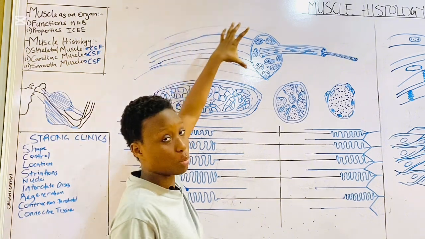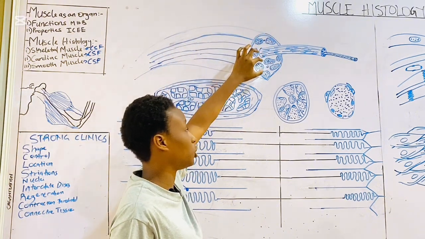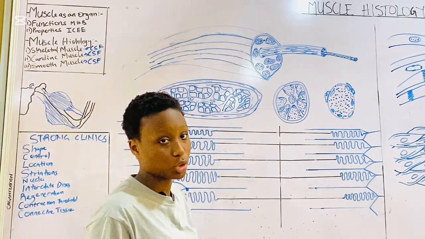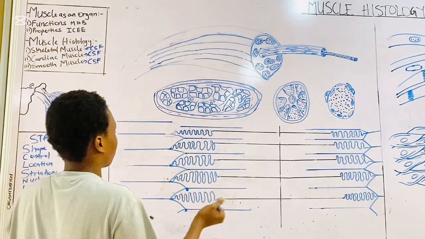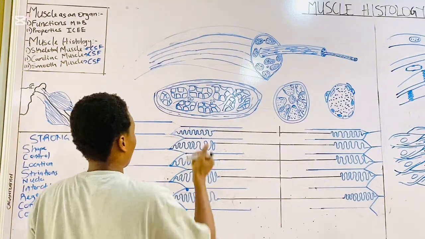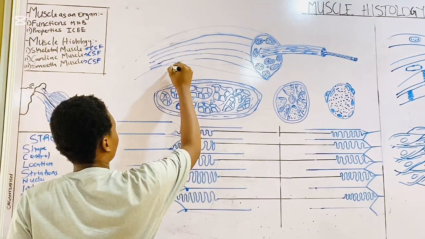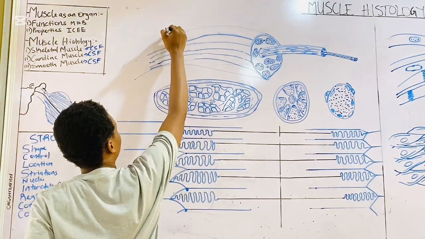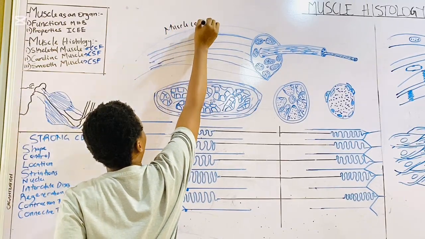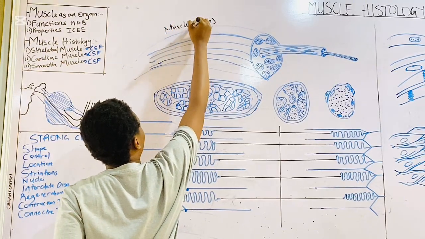This organ is made up of tissues, and these tissues or bundles are called muscle fascicles. So let's start labeling. This big one is called our organ, our muscle. It's our muscle itself. Bracket organ.